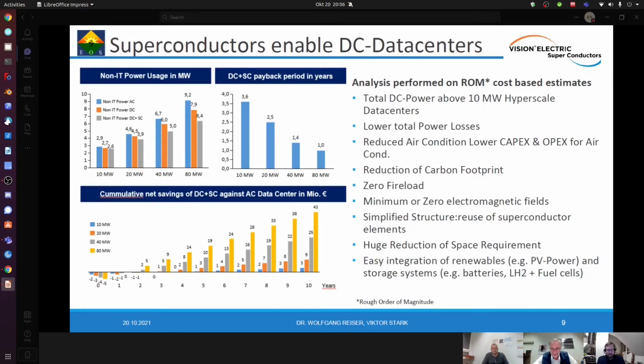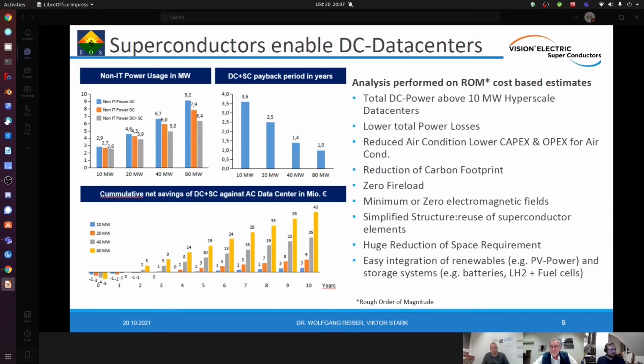Those are all affected, and as an afterthought we might have to look into all those design benefits that we create, which are not even addressed here. Yes, correctly. We do not calculate the dimensioning of the cooling system and so on. So those side effects would bring another value to the whole concept.